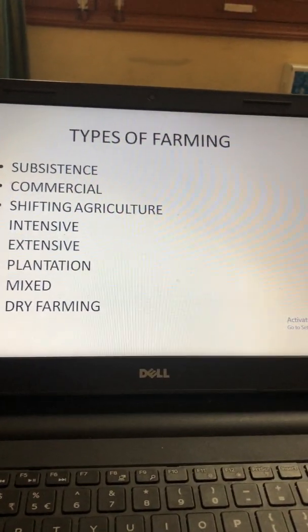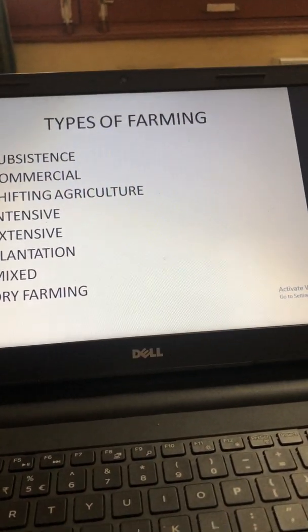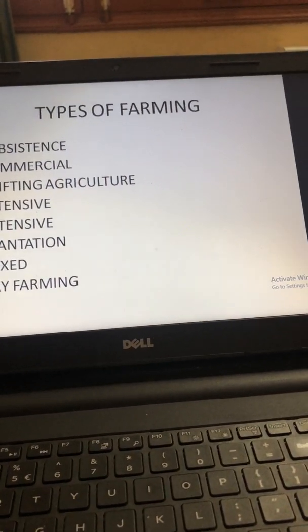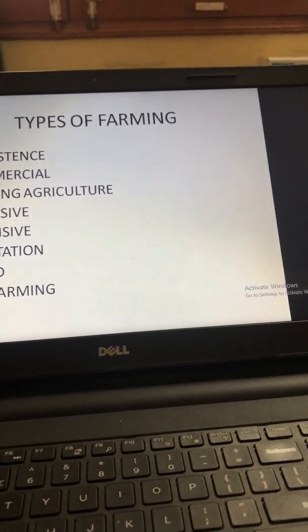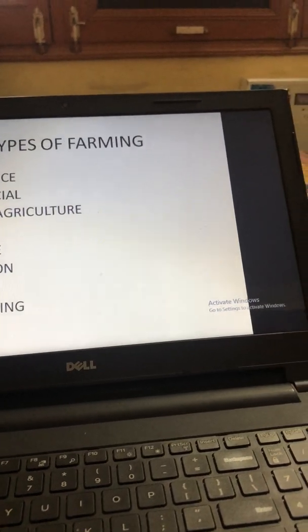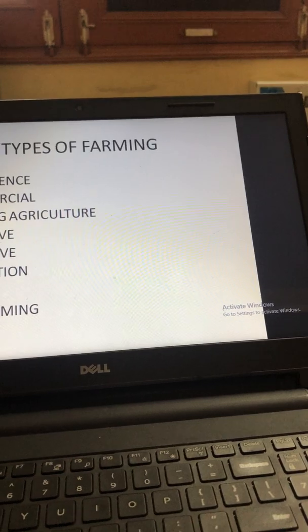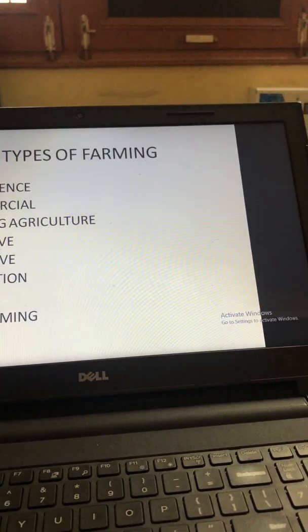Then we move on to the next type of farming, that is extensive farming. Now in this type of farming, farms are very large, and there's crop specialization. Then machines are used, and the farmer mainly grows one or two commercial crops. It's a highly capital intensive farming.